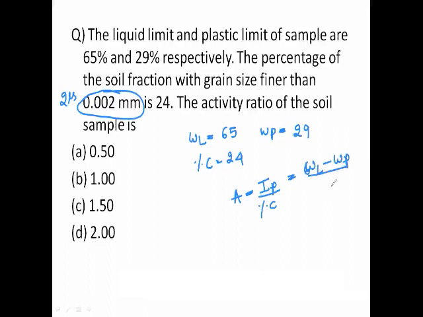The liquid limit is 65 minus 29, divided by the percentage of clay particles, 24. If you do this, this becomes 36, and 36 divided by 24 gives 1.5. Therefore the answer is 1.5.